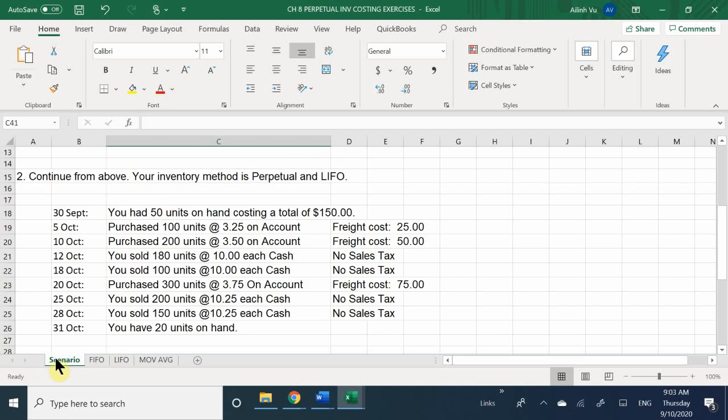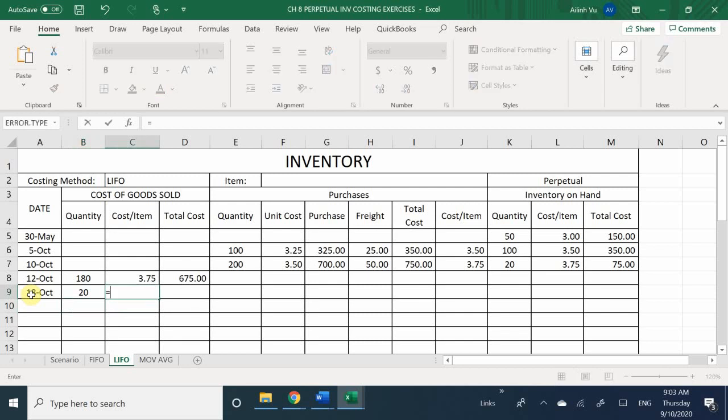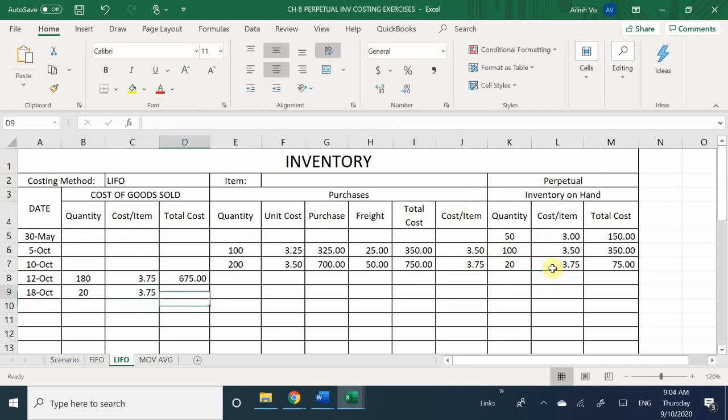Another 100 units are sold. So October 18th, another 100 units are sold. Okay? Good. So you don't need to calculate it. It's just for show, but I'm going to show it so you know where it's coming from.